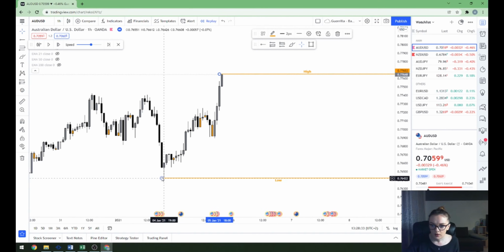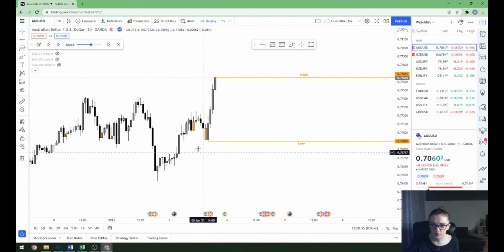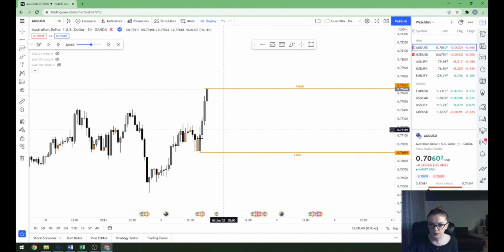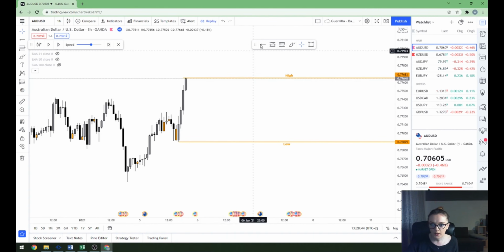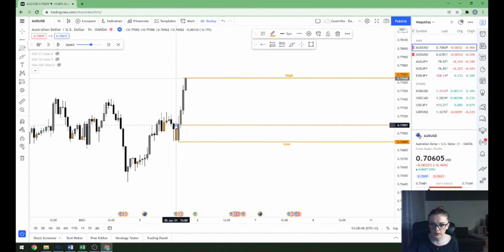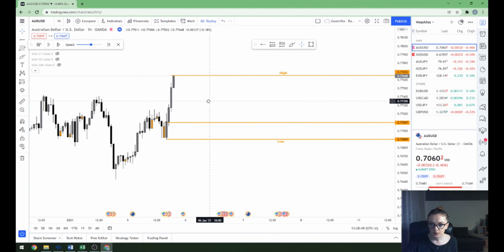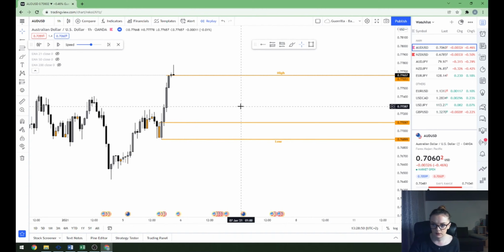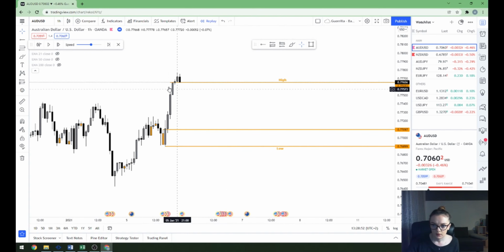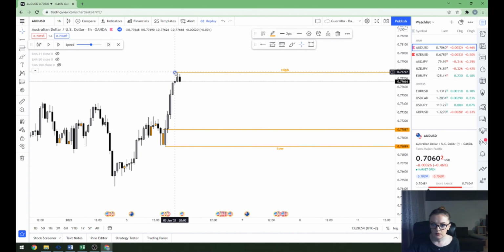So here the most recent high was broken in a pretty impulsive way. We've got like 4 impulsive candles here. So we might be interested in a buy at this level, but let's see how the price will get there. Also, in this kind of formation, we may get a bull flag.